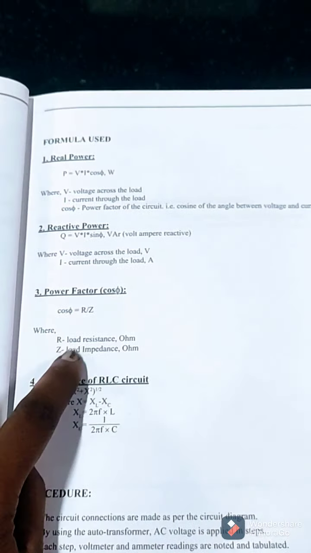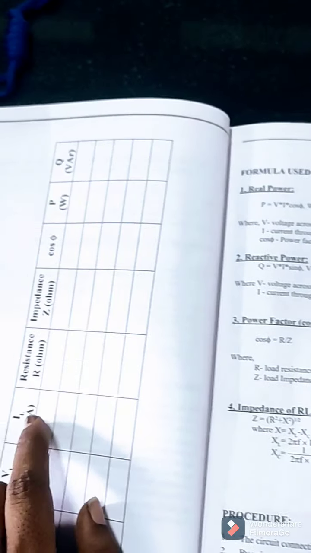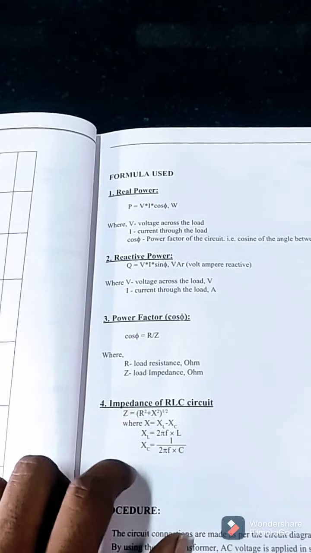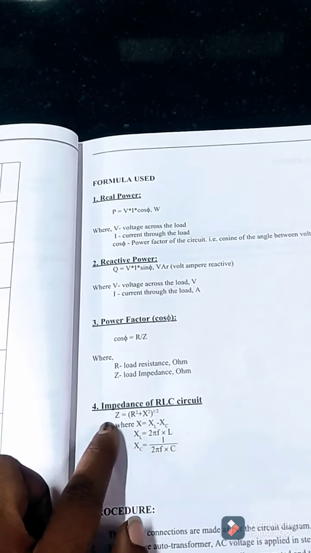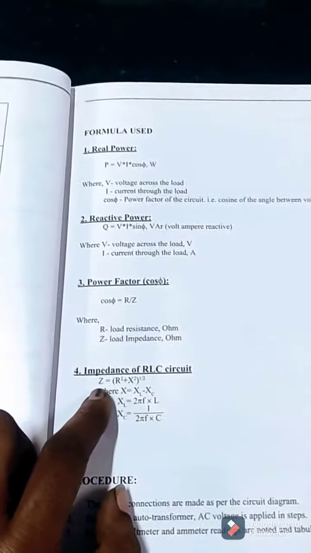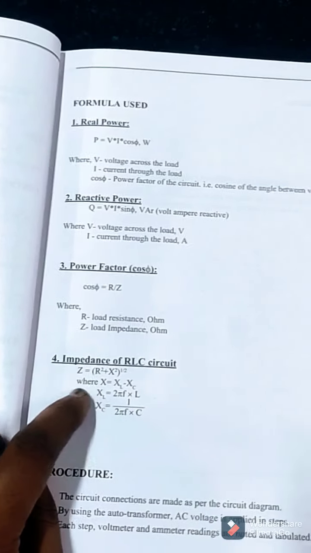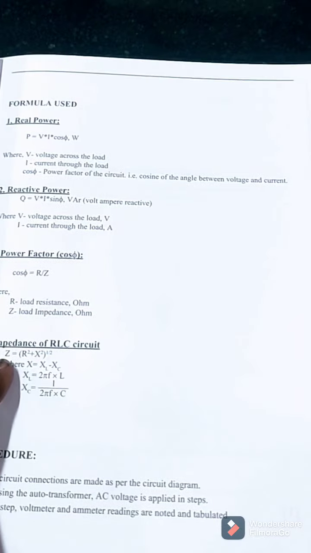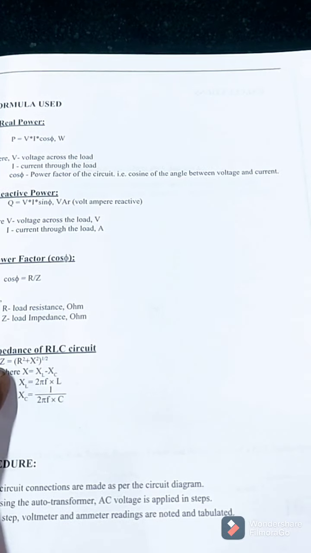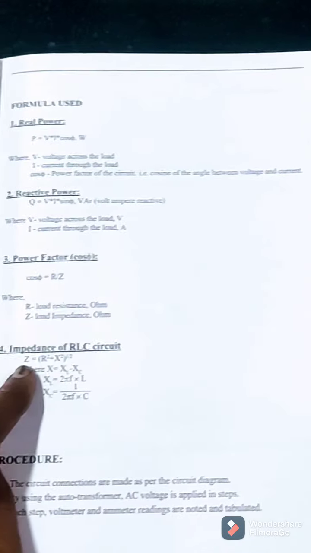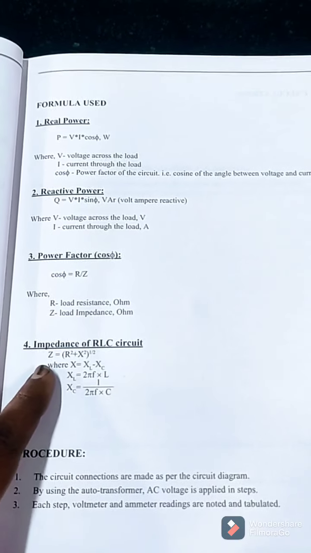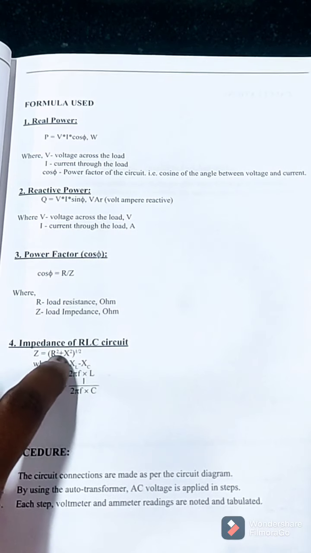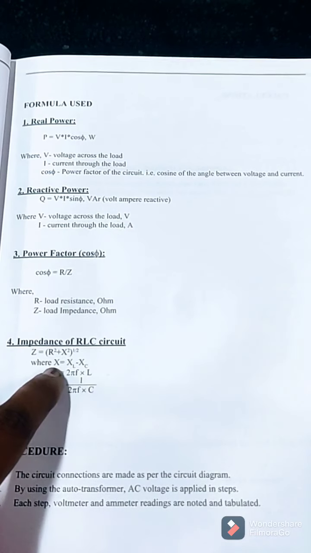Now here the resistance values we can directly take from the tabulation. Then the impedance formula. Impedance is another way of calling the net resistance present in an AC circuit. The formula for the impedance can vary for various types of connected components. Here it is all series, so Z equals the square root of R squared plus X squared, where X is said to be the net reactance.